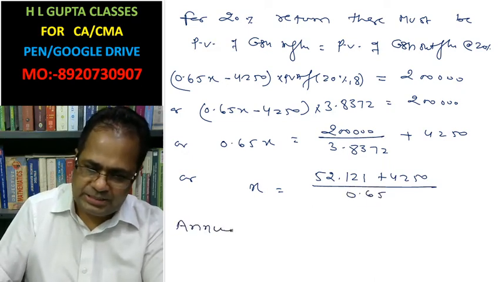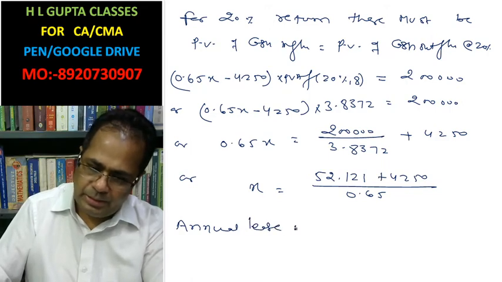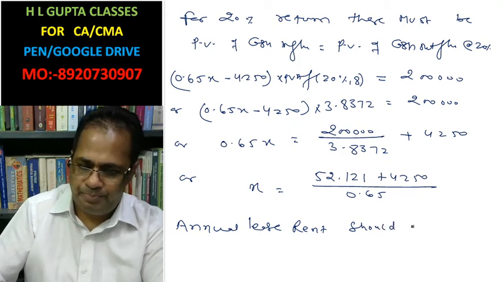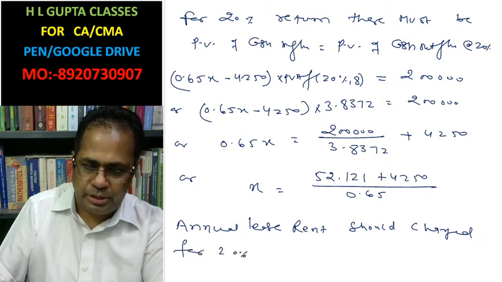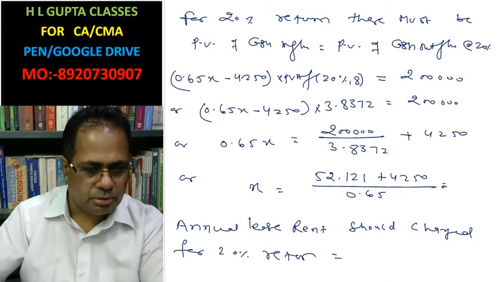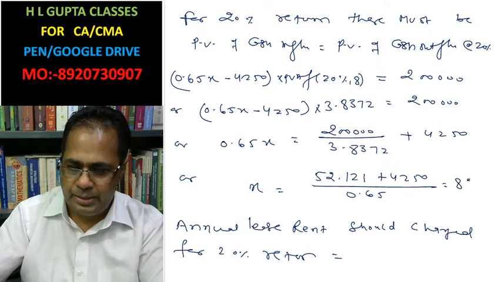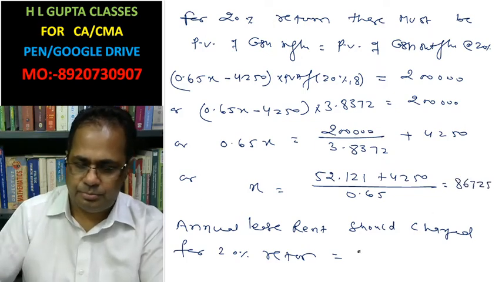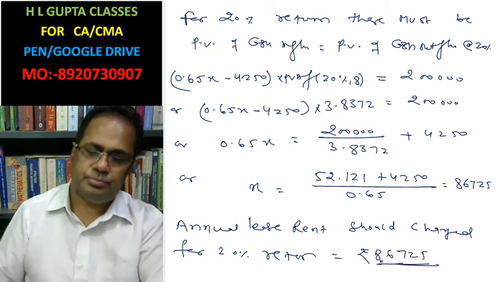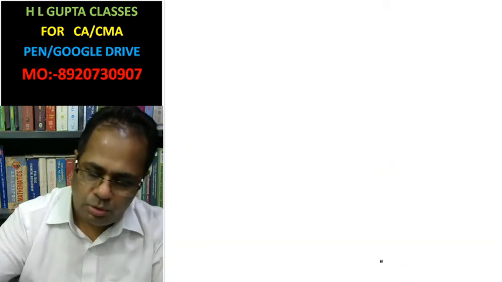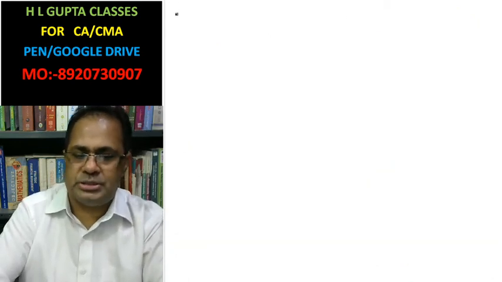The annual lease rent that should be charged for a 20% return should be 86725. Okay, now the answer of part D we need to consider.